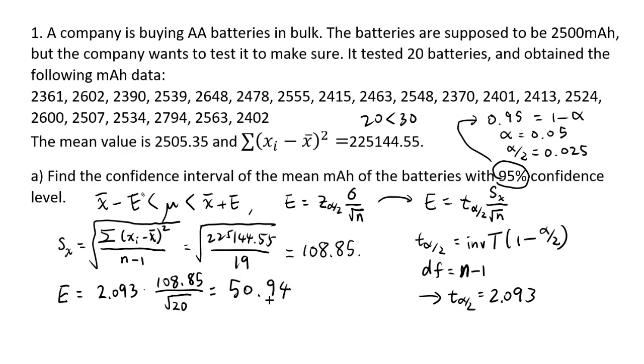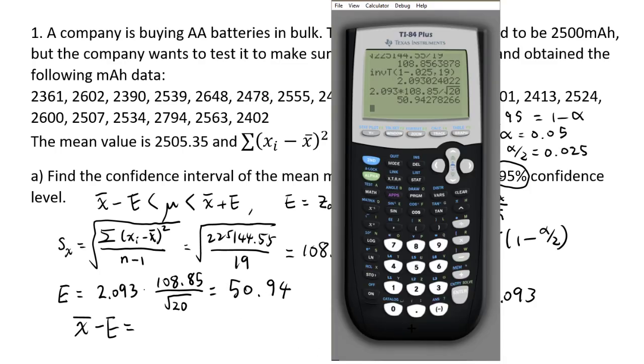And therefore, I guess we still need to compute x bar minus E, that's going to be 2505.35, the sample mean, minus 50.94. And we should also do 2505.35 plus 50.94.